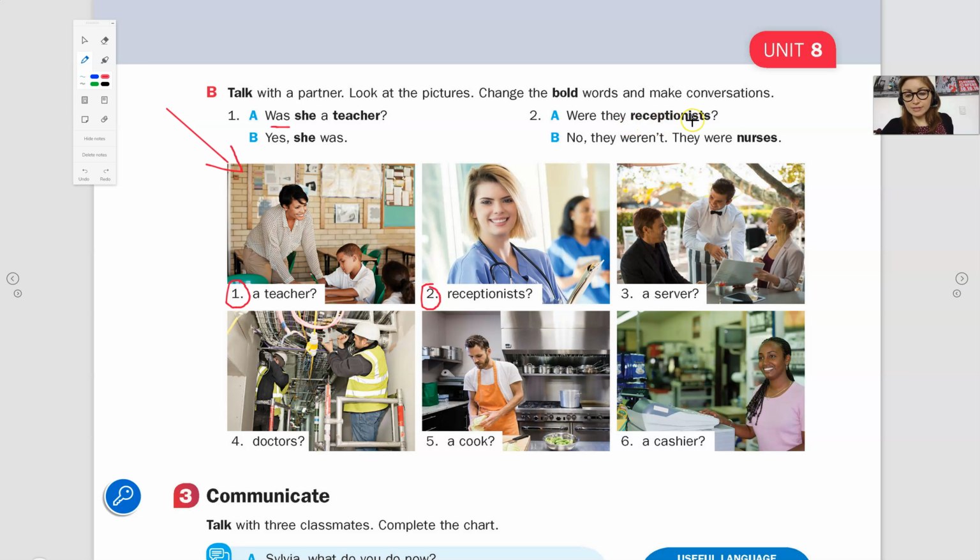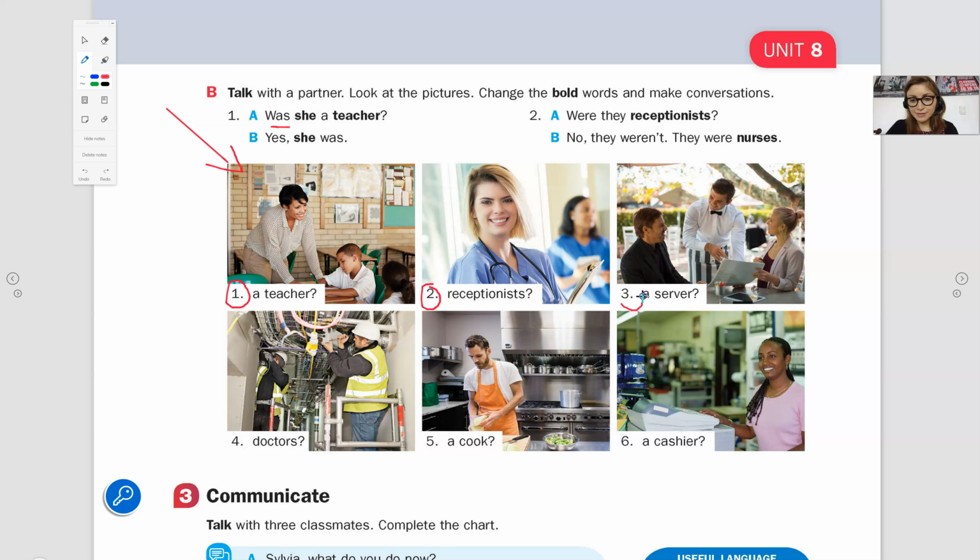So we check. That is not receptionist. So the answer, no, they weren't. They were nurses. Okay, because we can see that is the nurse uniform.